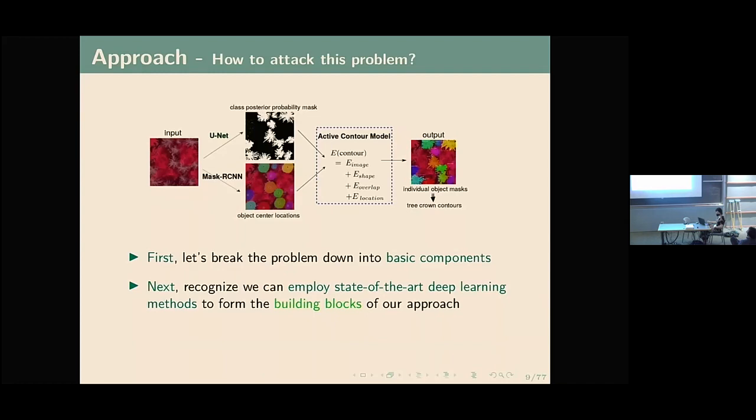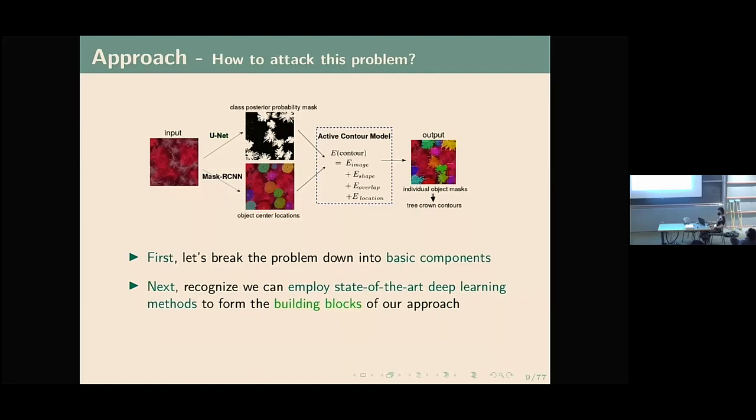Next we recognize that we can employ state-of-the-art deep learning methods in order to form the building blocks of our approach. So here on the left, we have a nice CIR image of some tree trunks or crowns within the forest. We then apply semantic segmentation to the input image using UNet, which is a convolutional neural network.